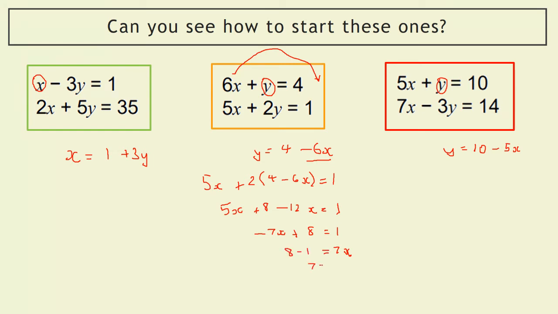Oh, look, 7x is 7. Divide by 7, x is 1. Once you've got x, there's your expression for y. y is 4 minus 6 lots of x. y is 4 minus 6 then. y is minus 2. Done.